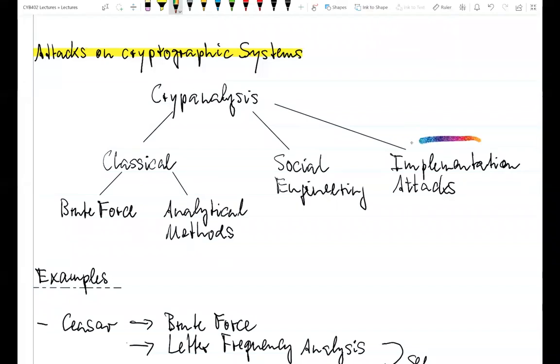And the last one that I also do not want to comment a lot about is implementation attacks, or side channel attacks. What does it mean? It means that you do not really look into how a cipher works mathematically. What you do is you use other kinds of information like power consumption, radiation, and things like that.